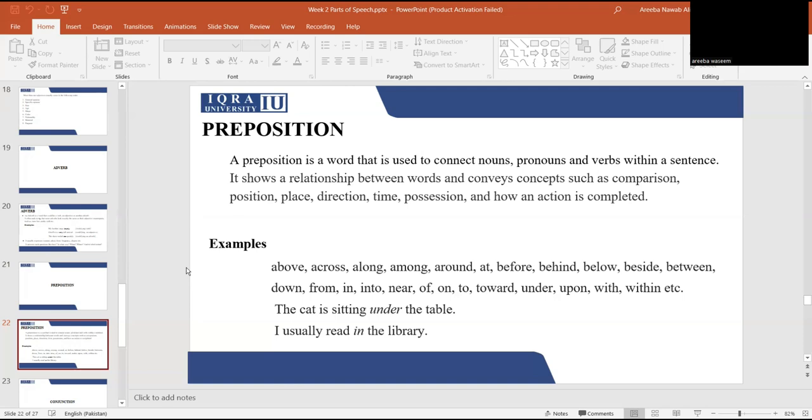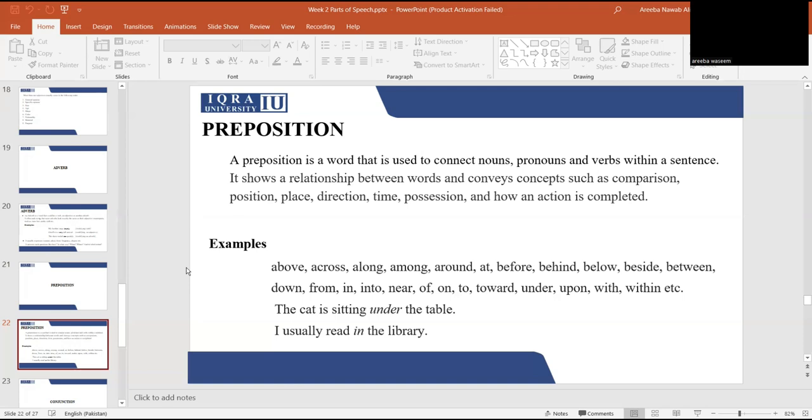Right? There are many prepositions in English. And few examples are above, across, along, near, into, toward, upon, within, etc. The cat is sitting under the table. Here the cat is a noun and table is also a noun, and we are describing their relationship.